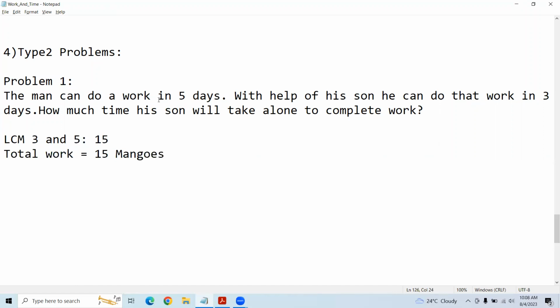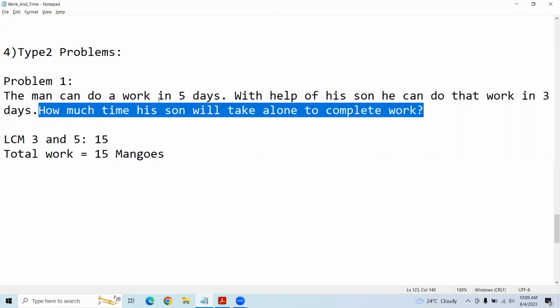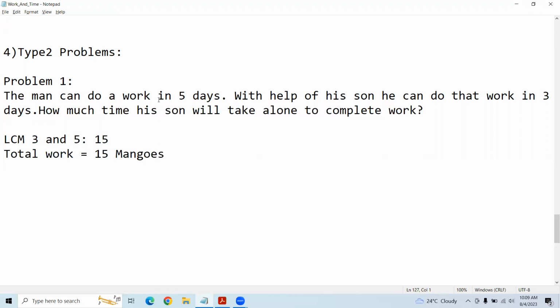Now what are they looking for? How much time his son will take alone to complete the work. So first write down person, total mangoes, number of days or hours, whichever they have given, here days, and per day speed. If the number of days is given, you will get per day speed.